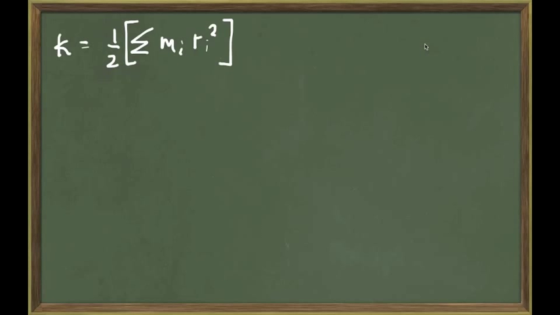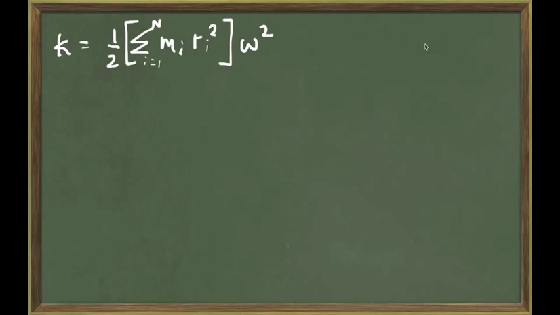So we can write the kinetic energy for any object as 1/2 of the sum of all of these products, where i goes from 1 to n, where n is the number of pieces that make up the object, times omega squared.